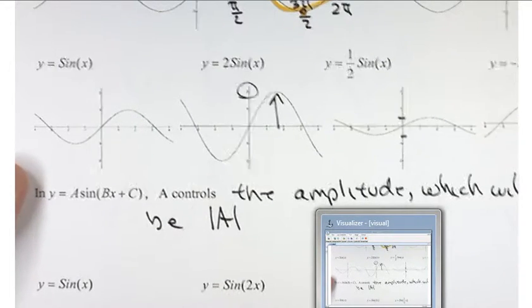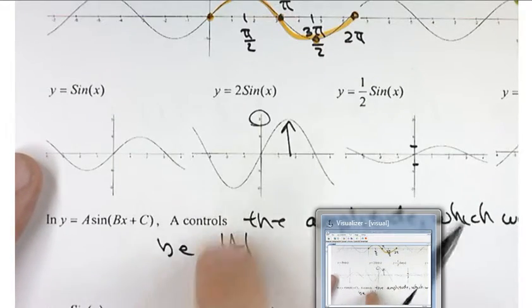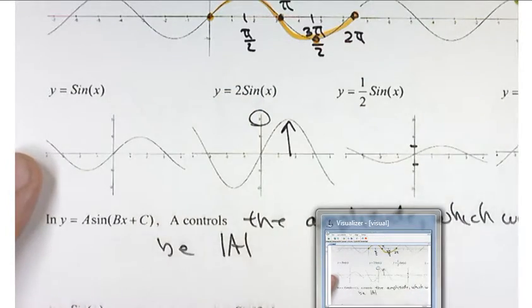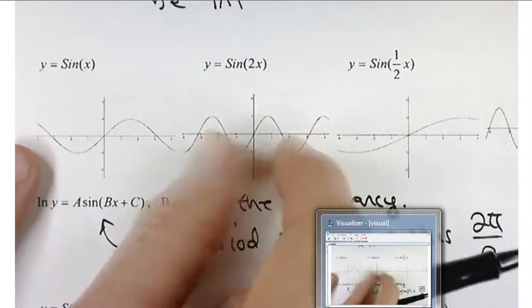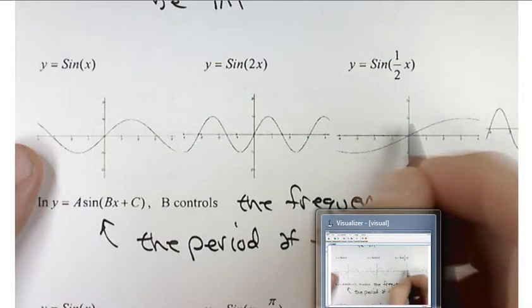Right. And if it's inside the parentheses, then it has something to do with the frequency of the function. Exactly. So it stretches it out or it compresses it. This coefficient talks about the height or the amplitude, and this one talks about how often it goes up and down. Okay. Notice the height in all of these is stuck at 1.